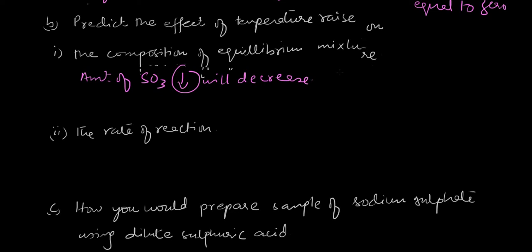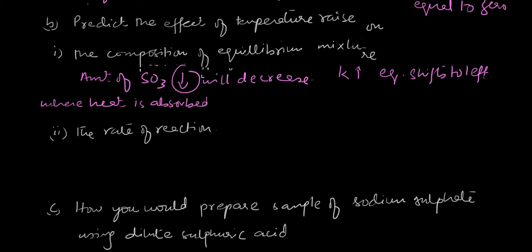When the temperature is raised, the equilibrium shifts to the left, where heat is absorbed. The backward reaction is endothermic, so as to counteract the temperature change.